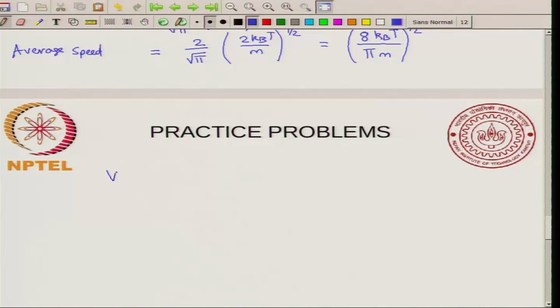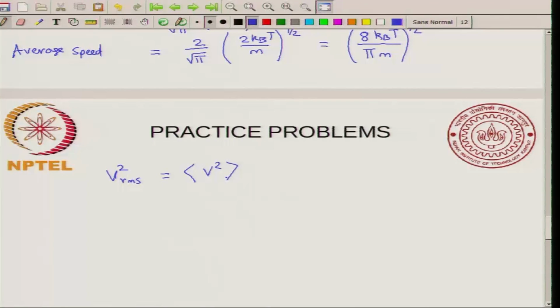So, v root mean square is defined as follows: the v square root mean square is the average of v square. You take the average of v square, and then you get v root mean square.